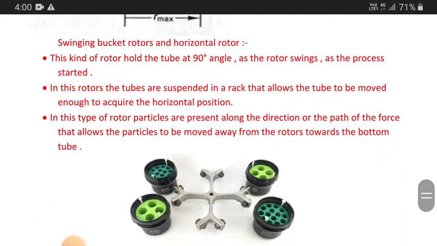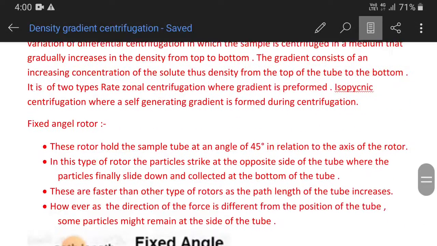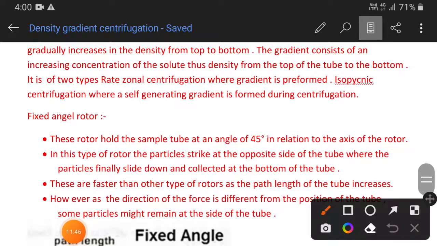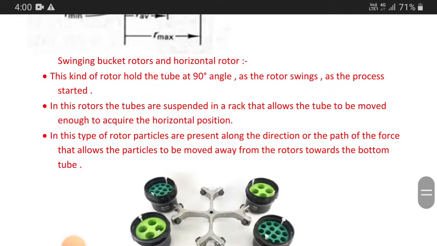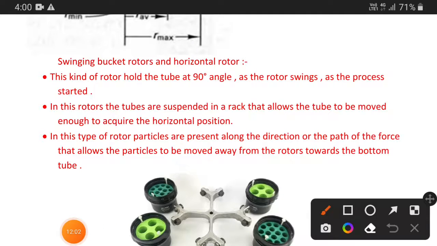So now another thing I want to mention is the term fixed. That means the angle at which the tubes are held in a fixed angle rotor is fixed, that is 45 degrees, but you may not get a fixed angle in the case of the swinging bucket rotor. That is the term swinging.